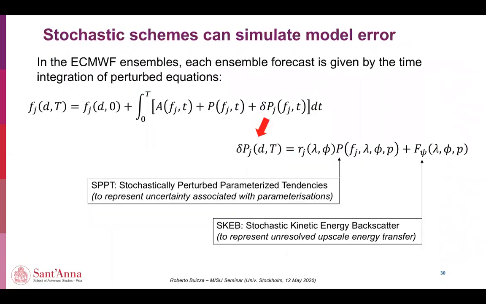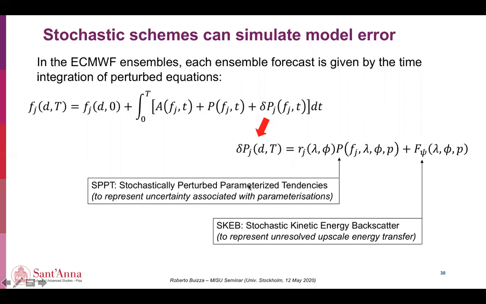Well, we have thought that the way to do that was to introduce in our models an extra term on the right-hand side that would simulate the effect of this error, of a model error, by using stochastic methods. In particular, since the end of the 1990s, we've been adding 2 types of stochastic models.